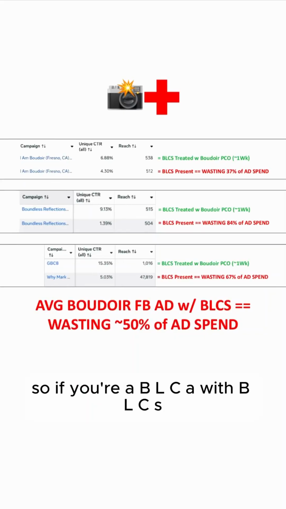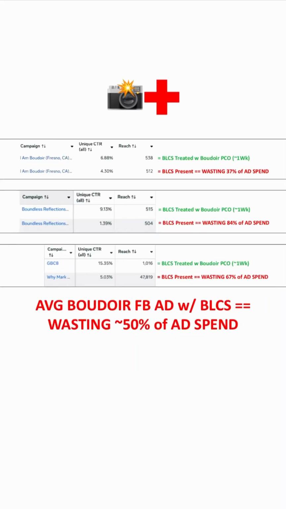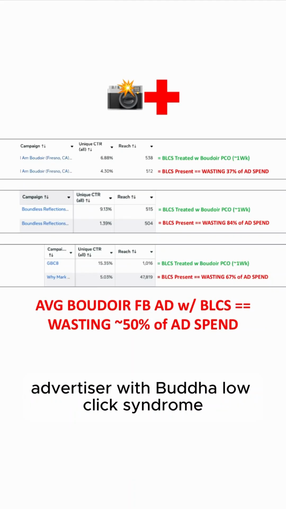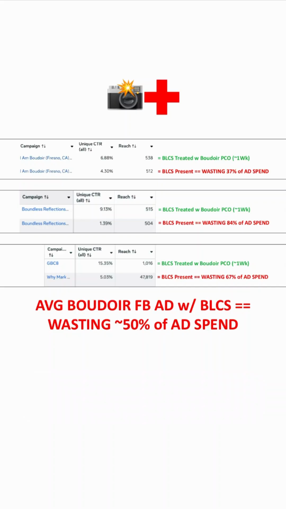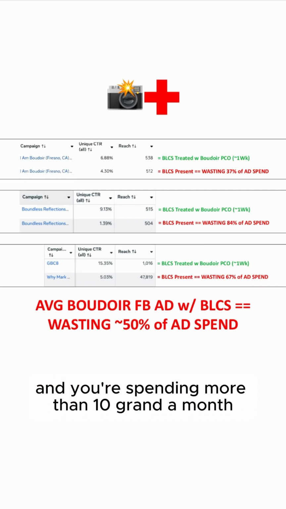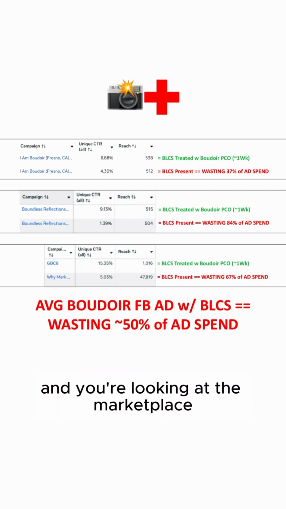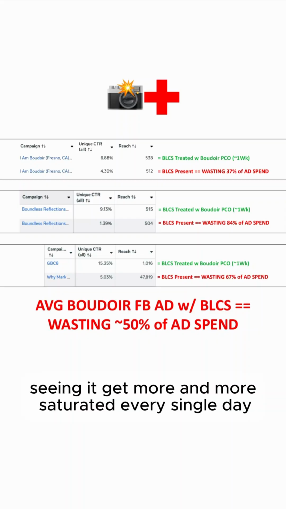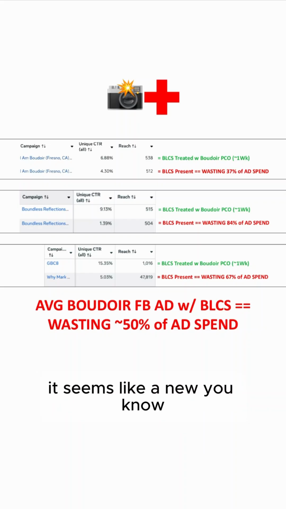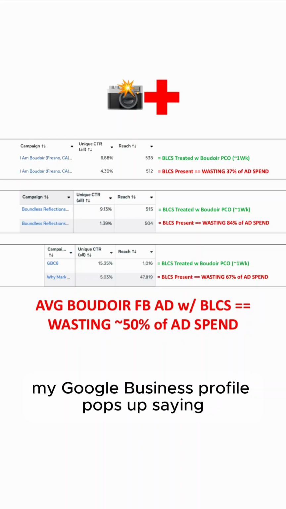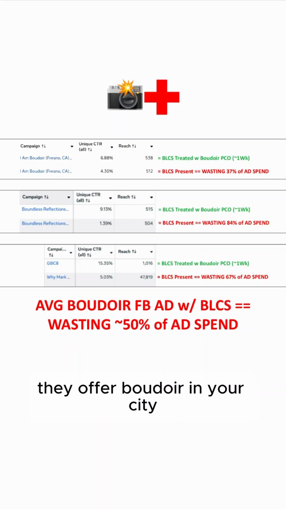So if you're a BLCA with BLCS, a Boudoir low click advertiser with Boudoir low click syndrome, where your Boudoir Facebook ads' unique CTR is under 6%, and you're spending more than 10 grand a month on Boudoir Facebook ads, and you're looking at the marketplace, seeing it get more and more saturated every single day. Every time someone gets a new iPhone, it seems like a new Google business profile pops up saying they offer Boudoir in your city.